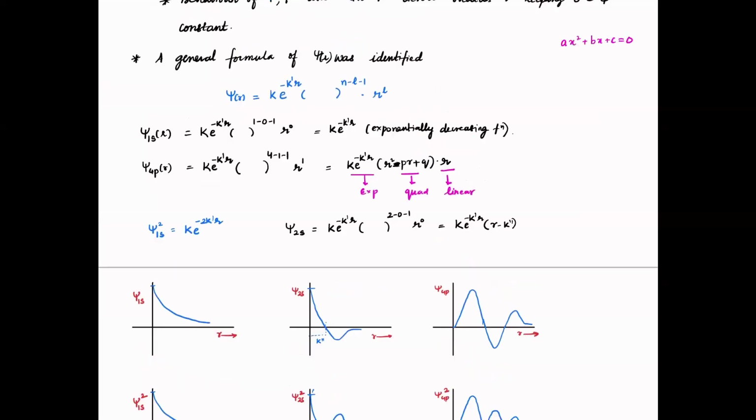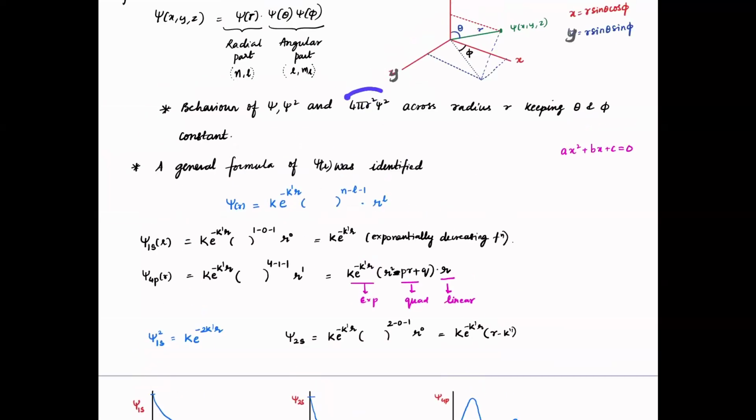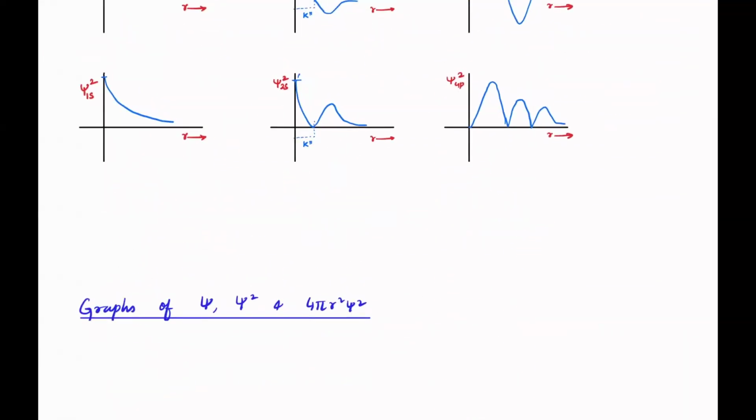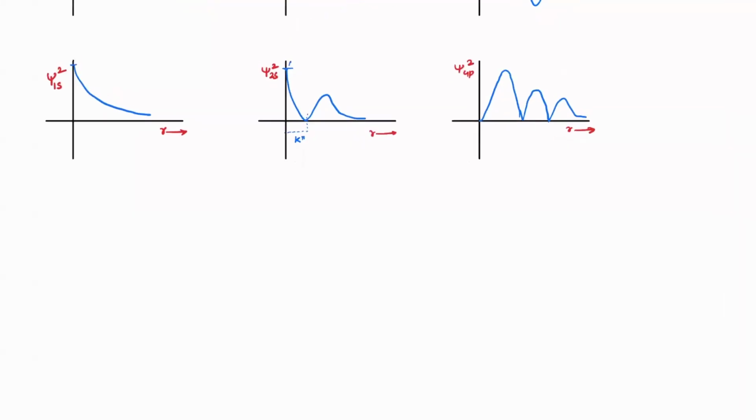Now, the last important part, which is 4 pi r square psi square. If you plot that, what would happen? Got it? So imagine if at all I have to plot this as 4 pi r square psi square. Okay. So how do we make this here?